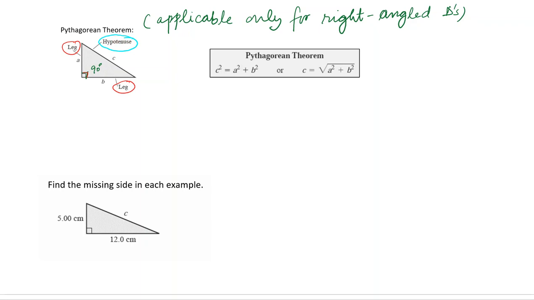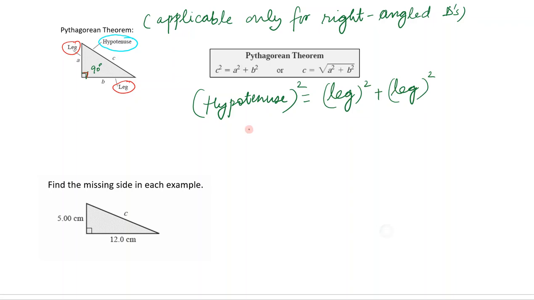And if we know the three sides, we have a relationship between them. Here A and B are the lengths of the legs and C is the length of the hypotenuse. So we say that the square of the longer side is equal to the sum of squares of the smaller sides.